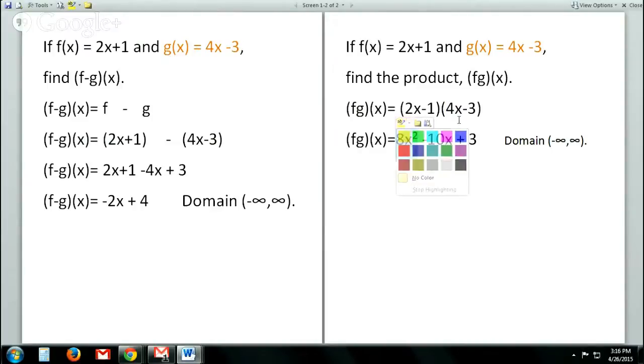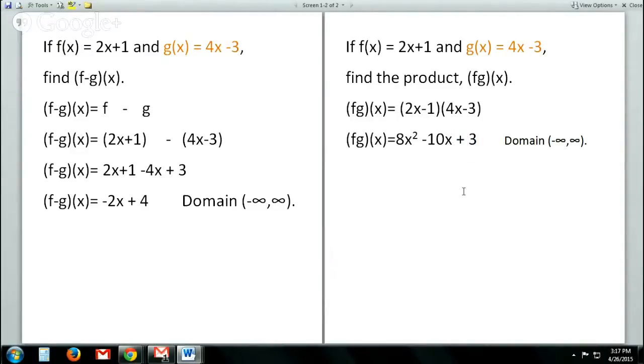When I do the outside things, 2x times negative 3, that's minus 6x. Then on the inside, negative 1 times 4x made negative 4x. Negative 6x minus 4x gave us negative 10x. Then the very last ones, negative 1 times negative 3 made positive 3, just FOILing those two binomials.